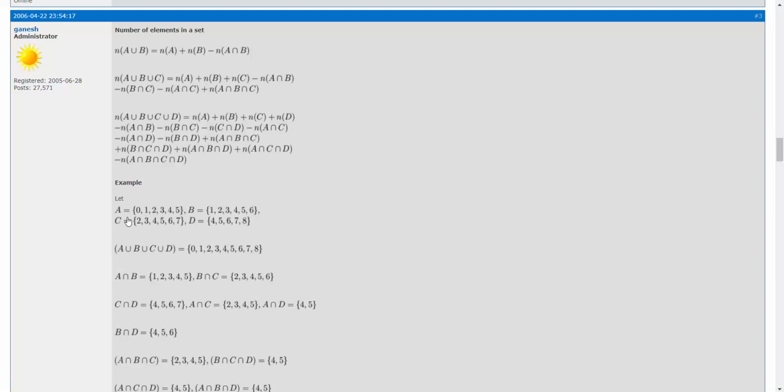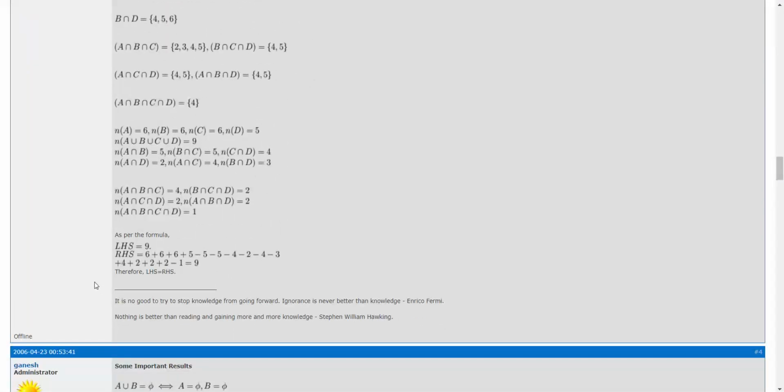It would have been easier to do A union B, then union C, then union D. Maybe if we have massively huge sets, it would make sense. Yeah, I think that would make sense if we could have this programmed in a way that just detects what's common between the different elements. Then, yeah.